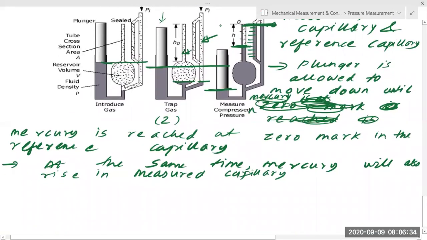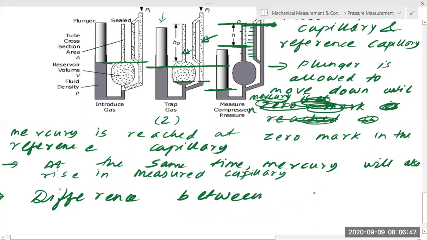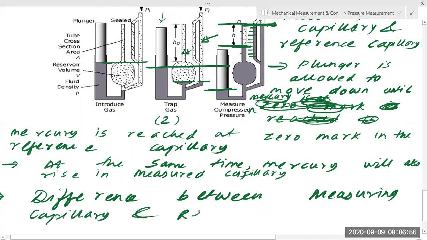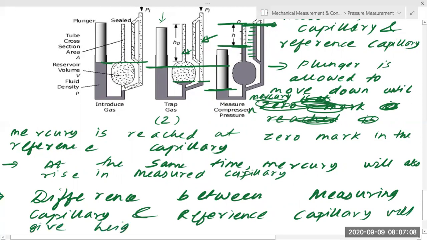I can write: the difference between measuring capillary and reference capillary will give us the height of the mercury column.